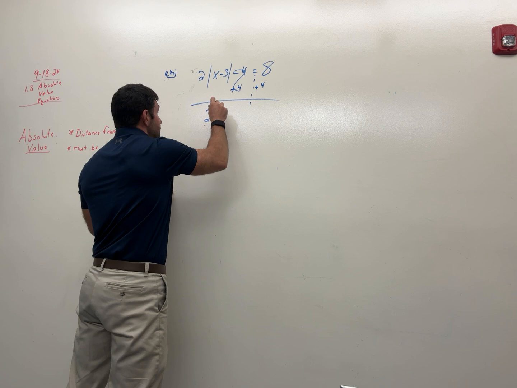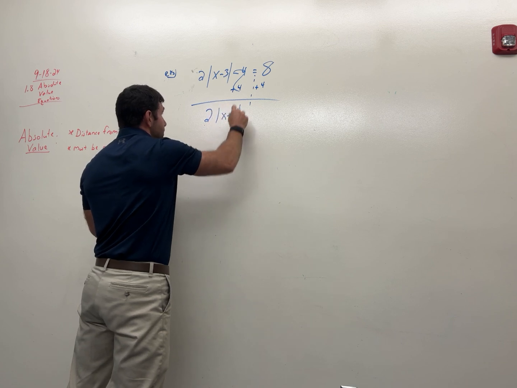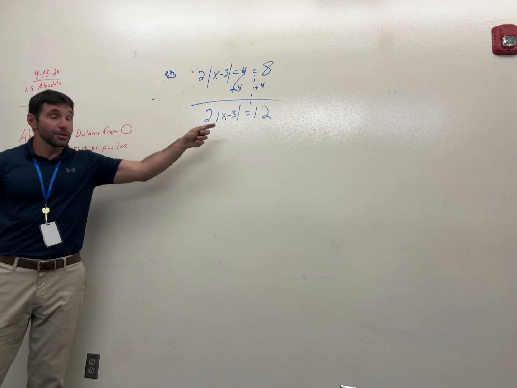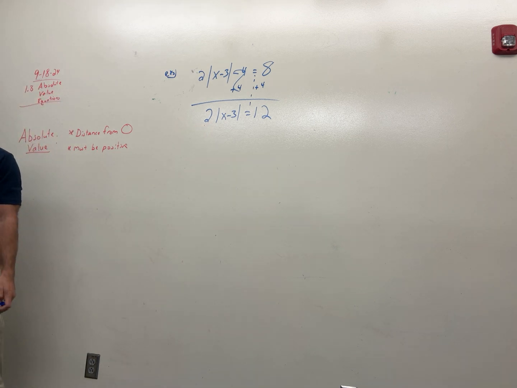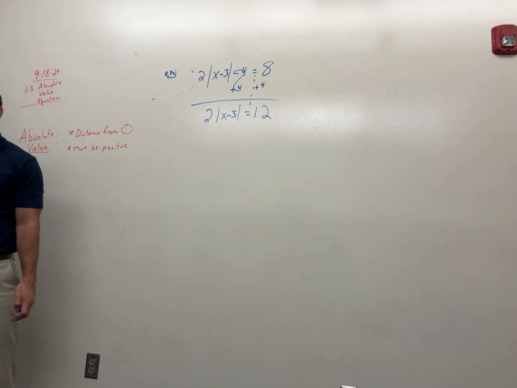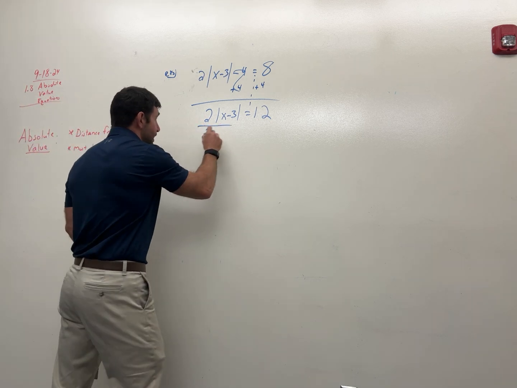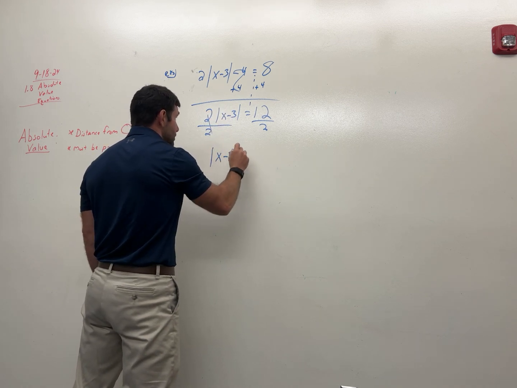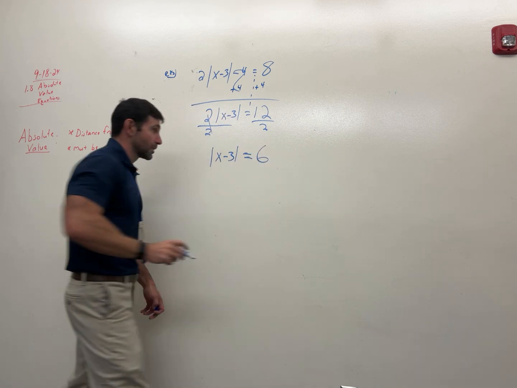That leaves me 2 absolute value of x minus 3 equals 12. A 2 next to a grouping symbol means, like you said, multiplication. What's the inverse of multiplication? So we're going to divide both sides by 2. So now I have absolute value of x minus 3 equals 6.